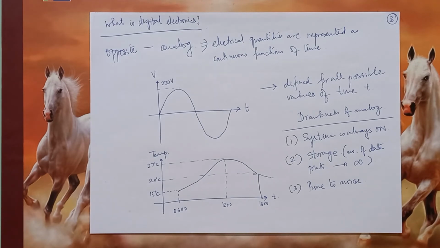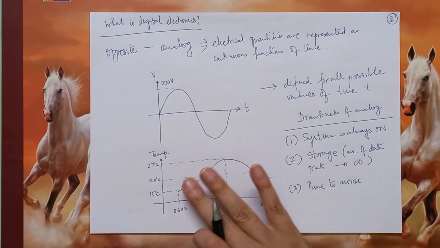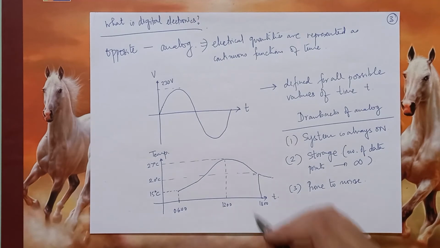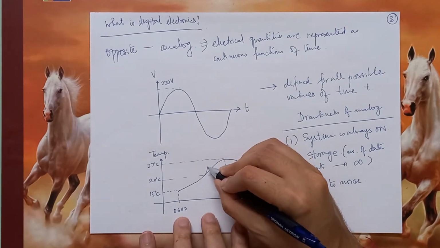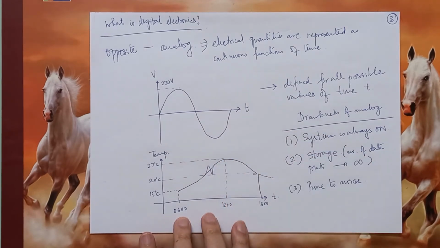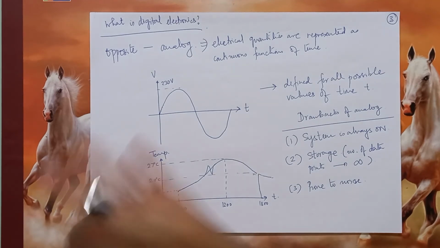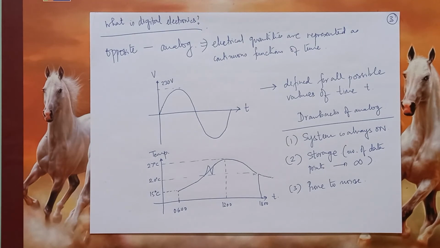Noise is any quantity that is undesired, any additional quantity which may superimpose itself on the quantity that we are interested in, and it might falsify the information. Let us say that we have this nice temperature profile and somehow we see that there's a fluctuation over here. Some noise has come.